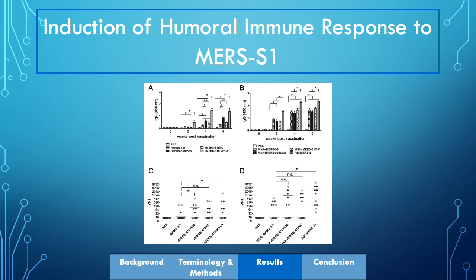So induction of humoral immune response to MERS S1. So this is actually the bread and butter of the MERS S1. It's really cool. So using the ELISA assays here in this A and B at the very top, you can see that the MERS S1F and all these MERS constructs, after initial vaccination, then 2, 4, and 6 weeks here, you are getting IgG activity for MERS S1 specific antibody.